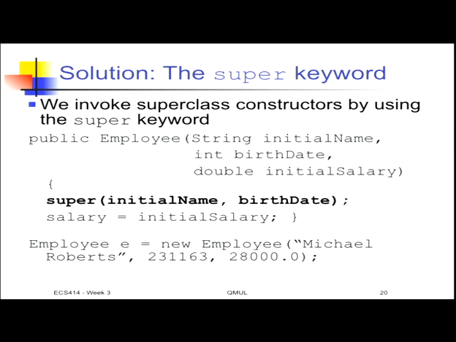When we do that call with new Employee, we are calling the constructor in the class Employee, and the first two arguments, Michael Roberts and 231163, will be fed as arguments to super, and super will call the constructor in Person. Then we will have a Person of Michael Roberts, 231163. Okay? Is that clear?